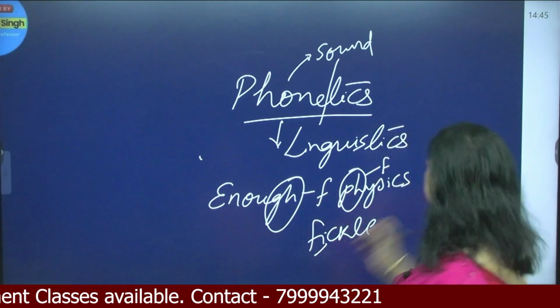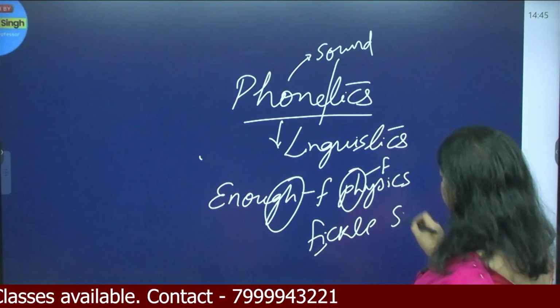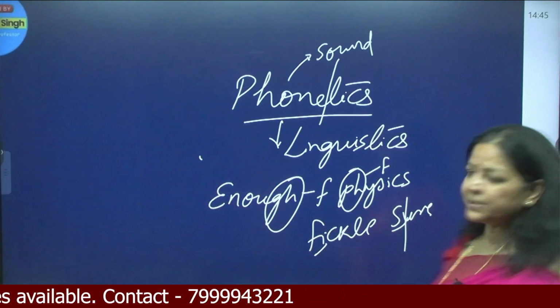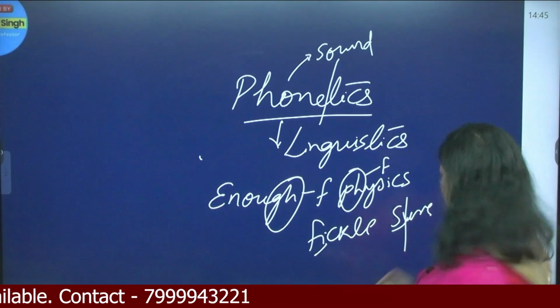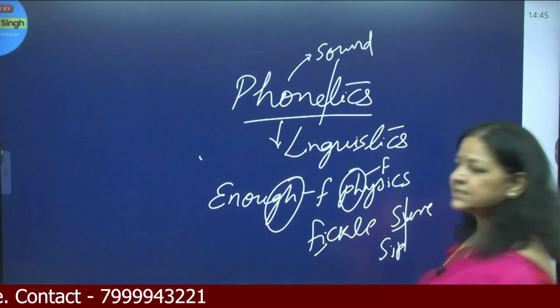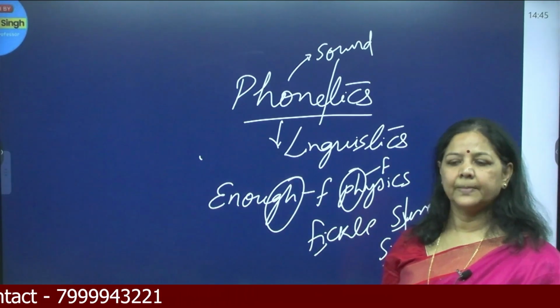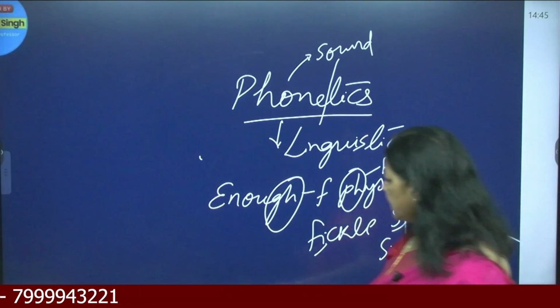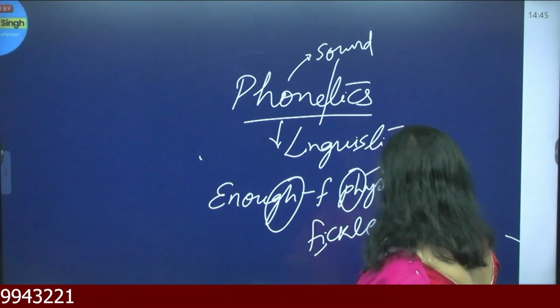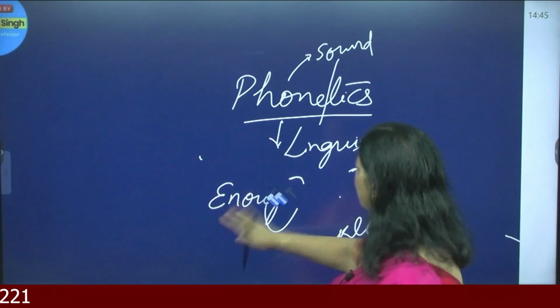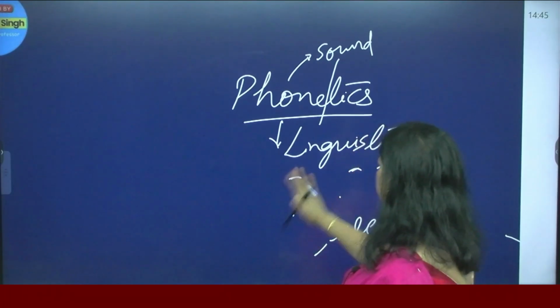Again, another example: sure, here S is pronounced as /sh/, and sip, S is pronounced as /s/. There are a number of examples where we come to know that there is a lot of confusion in pronunciation.